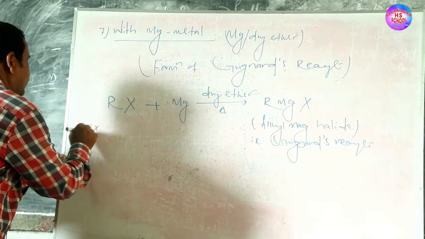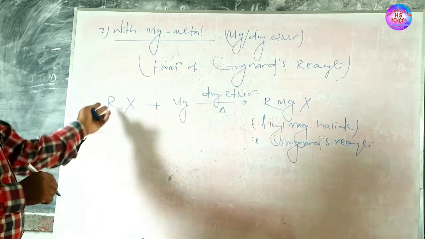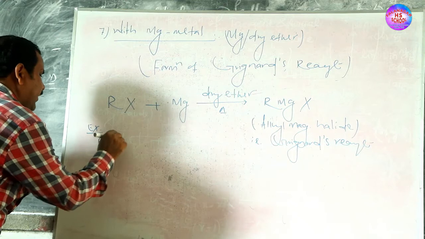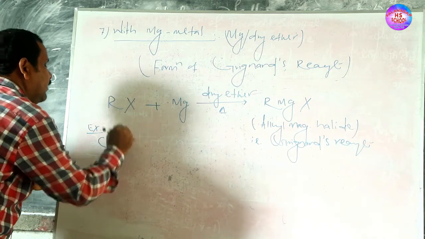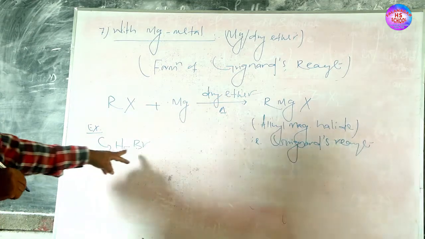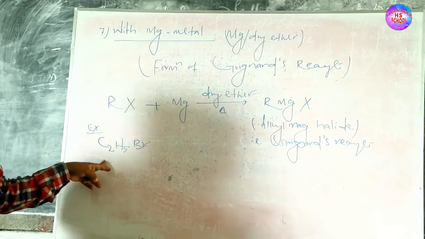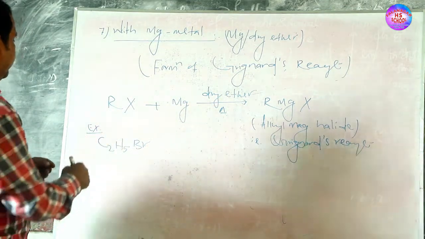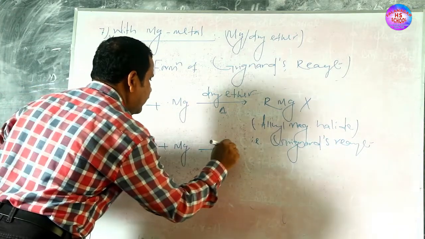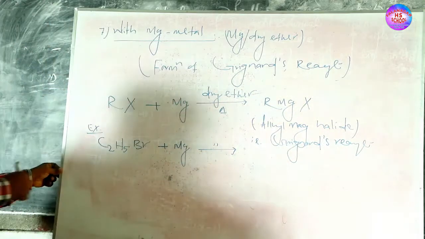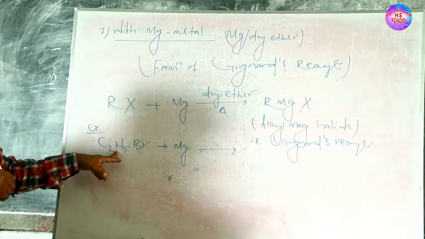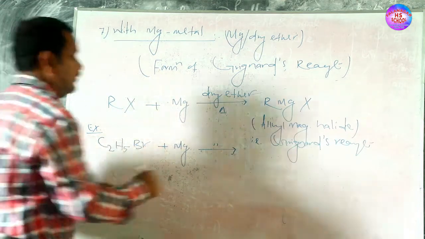For example, suppose R equal to ethyl group, C2H5, X equal to bromine. So we get bromoethane or ethyl bromide. Ethyl bromide plus magnesium metal. In this condition, it produces ethyl magnesium bromide.